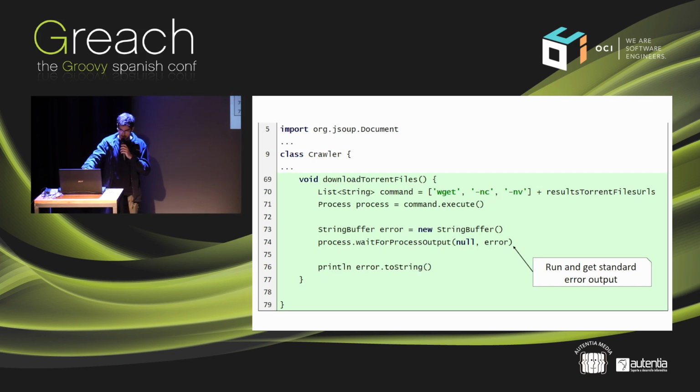In this case, the wget utility prints its output to standard error, so we have to get the standard error output instead of the standard output, because we don't have interest in it. As you can see, we can take control of the process, run it, and get its result.